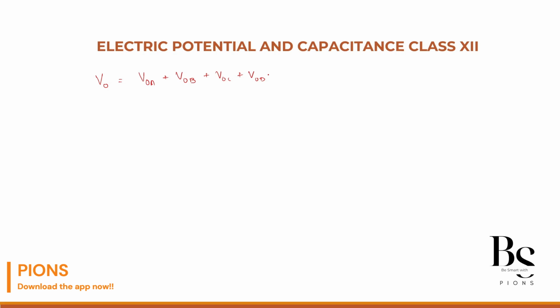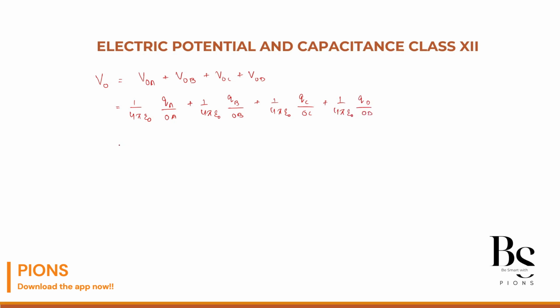Clear? So let me remind you once again, let's write here 1 by 4 pi epsilon naught charge at A upon OA, 1 by 4 pi epsilon naught charge at B upon OB, 1 by 4 pi epsilon naught QC upon OC, 1 by 4 pi epsilon naught QD upon OD.